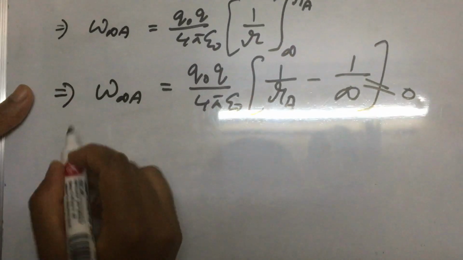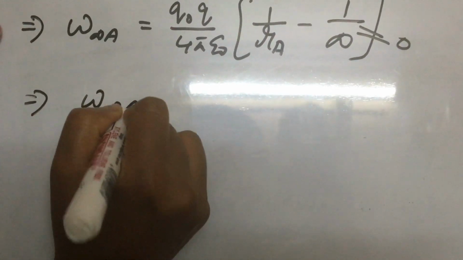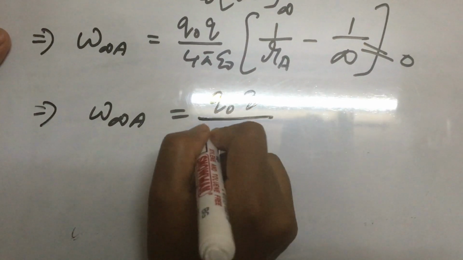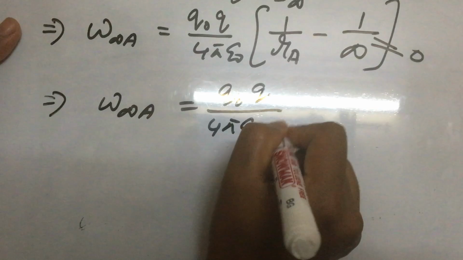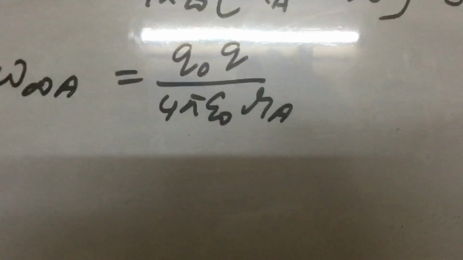Then we have come to the end of this derivation. This is Q0 Q by 4 pi epsilon naught Ra. This is the expression of work done. Then what is potential?